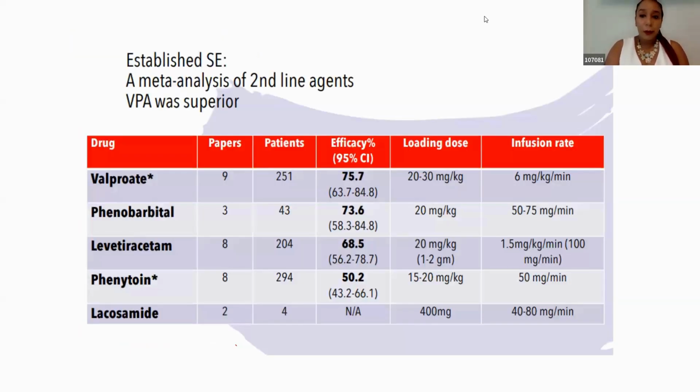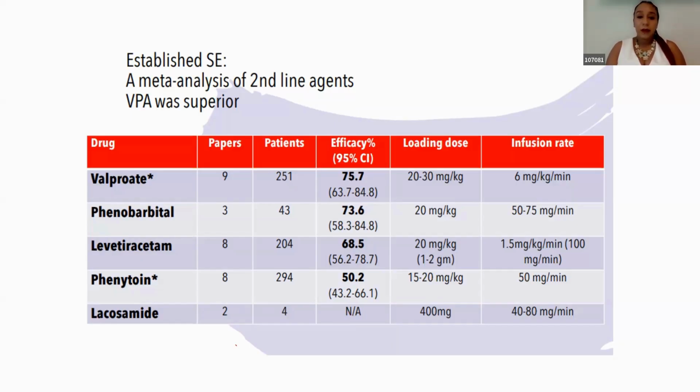So this is another paper that kind of compared all of these. And what happened, again, I said valproic acid, which is the VPA, is superior. So for valproic acid, there were 9 papers that they looked at. They had 251 patients.